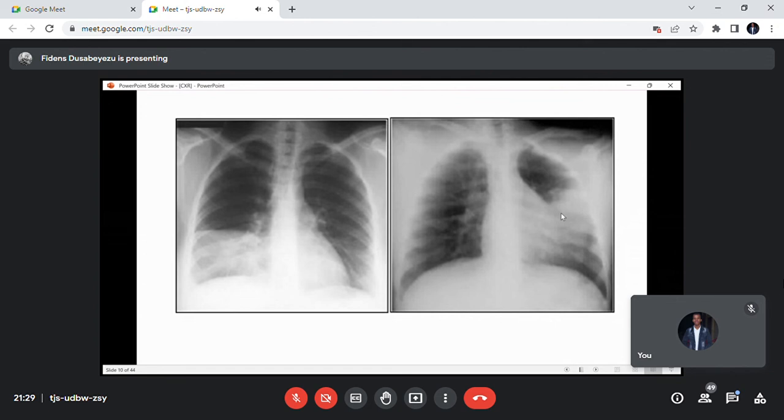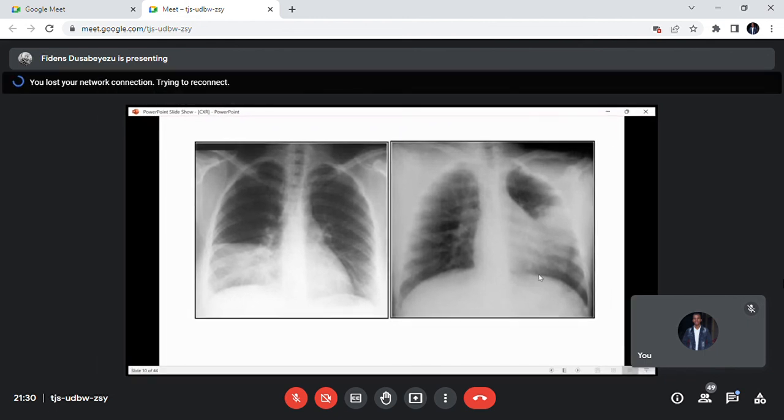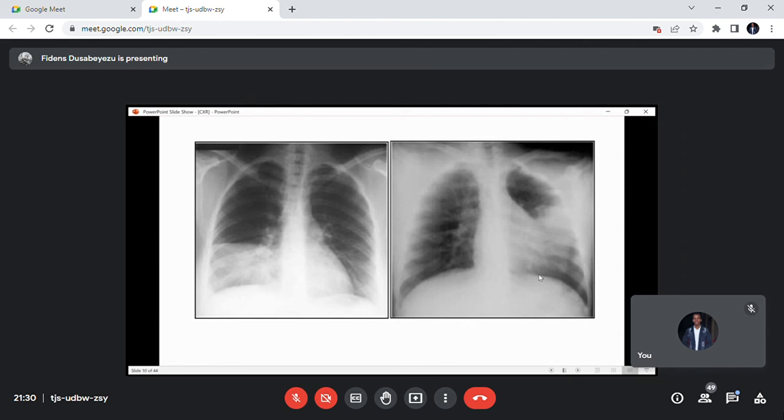And it is even silhouetting the margin of the heart. Those are examples.